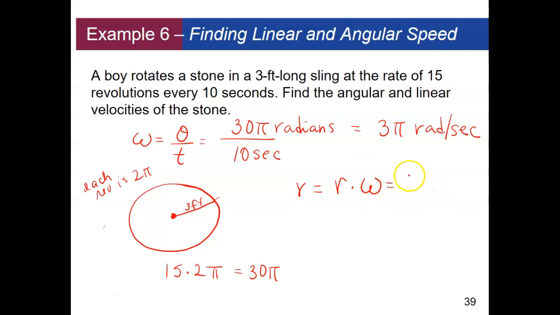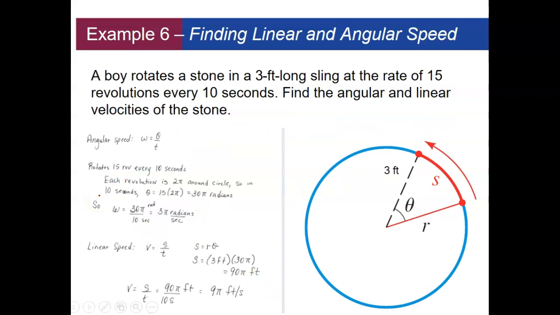So my radius was 3, and my angular speed is 3 pi. So that's going to give me 9 pi feet per second. Okay, if you want to go through further and look at the explanation, you can.